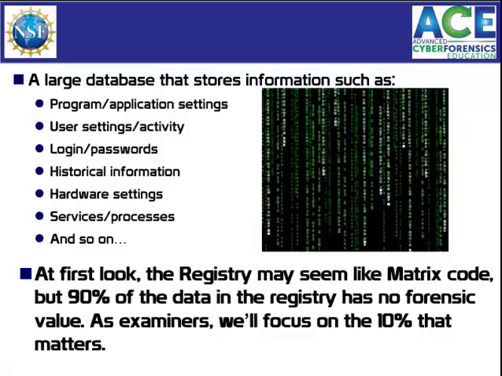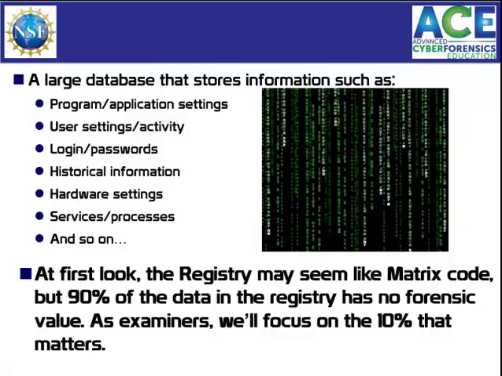Some of the items you'll be more apt to find inside the registry as evidentiary items for your case, or whatever your purpose is for conducting an examination, would be items like programs and application settings, user settings and activity, logins and passwords, historical information about files and applications, and perhaps services and processes that run on the machine. In addition, you'll also find hardware settings.